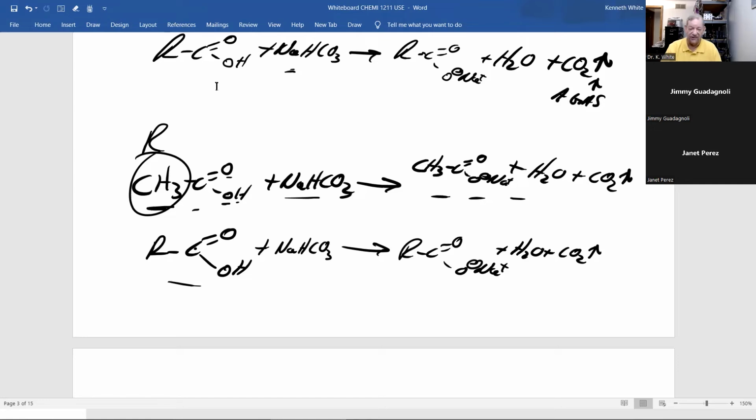And the answer is, what's this compound right here? And that's called by the common name, acetic acid. And where do you find this? In vinegar. So essentially, you could take vinegar and baking powder, and this is what you get.